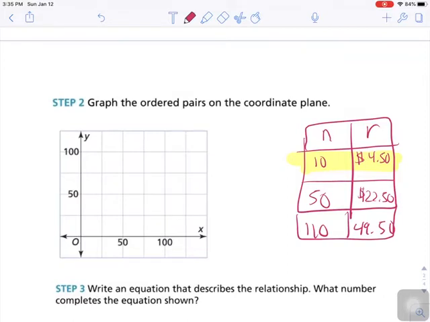Our independent variable here is always our X. So this is our number of pom-poms, how many we sold, and then our Y, our dependent variable, is the money that we raised. If you wanted to rewrite these as ordered pairs, we have 10, 450, 50, 2250, and 110, 4950. So hopefully that's coming back to you about how we write our ordered pairs out.